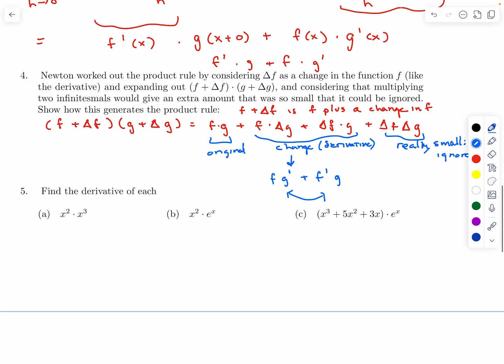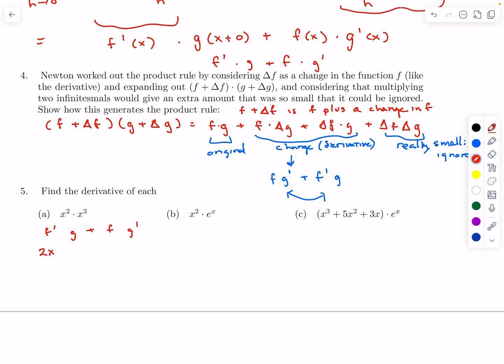So let's just practice a few derivatives. Let's see. F prime g plus f g prime. I like writing the pattern down just to keep myself in gear here.